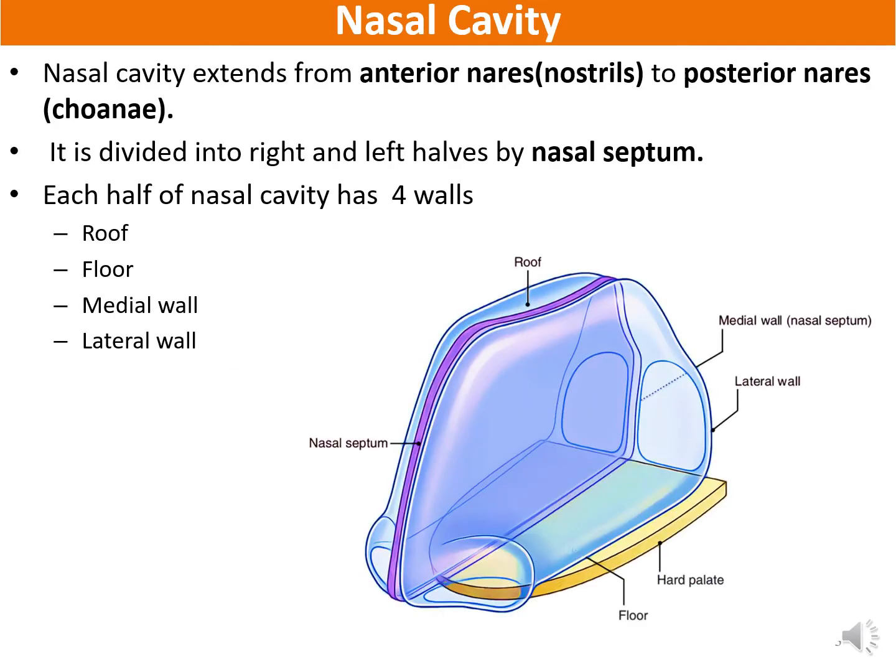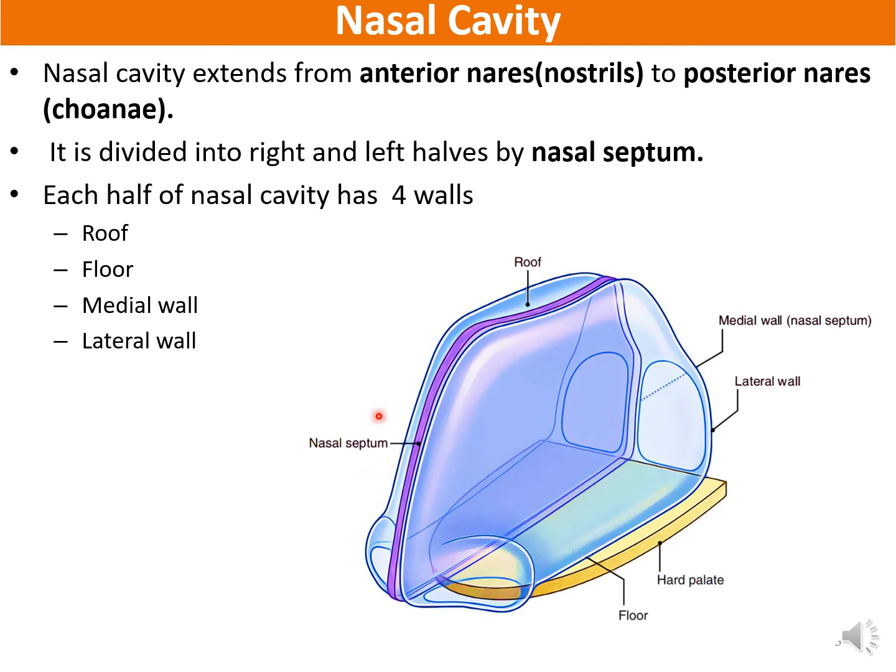As described in my previous video also, the nasal cavity extends from anterior nares, also known as nostrils, which can be seen here, these openings, to the posterior nares or the choanae. These are also known as anterior nasal aperture and posterior nasal aperture respectively.